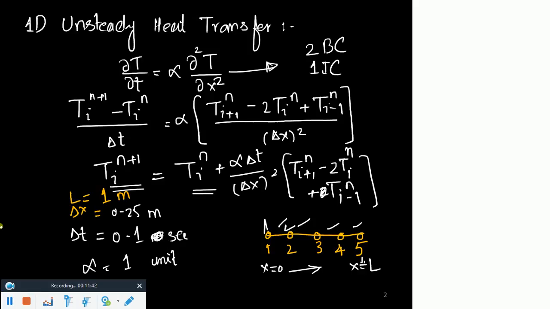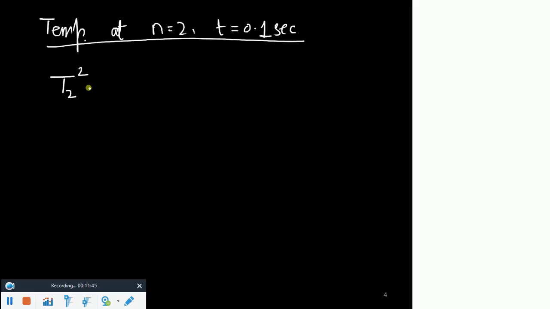Okay, so let me write it down over there. This T2 in the subscript at the second time level would be T2 at first time level. Remember, this is not a power, this is a superscript. Okay, and then plus alpha.